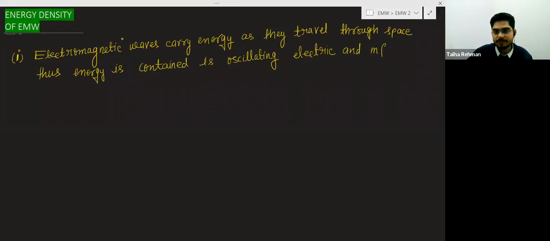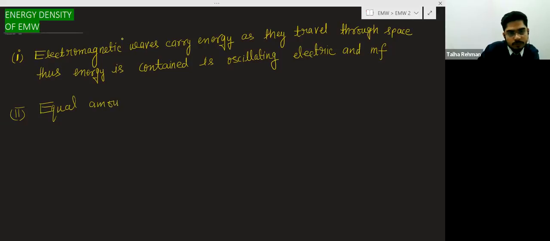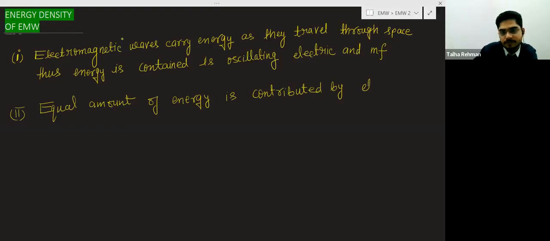MF means the magnetic field. Second point, equal amount of energy is contributed by electric and magnetic field.